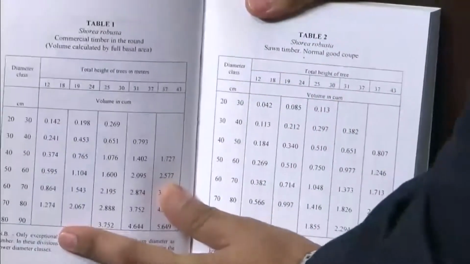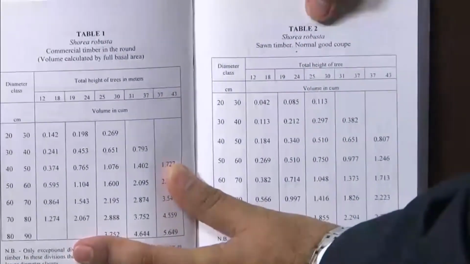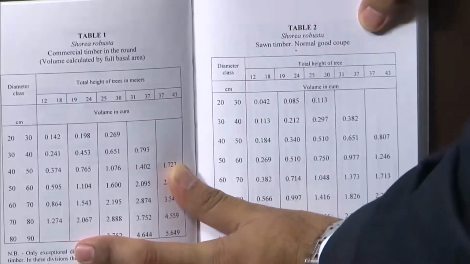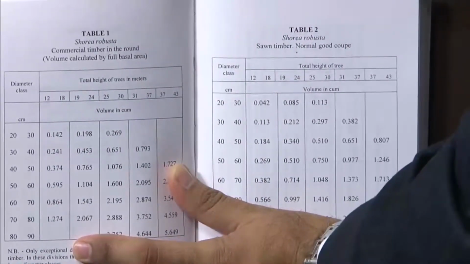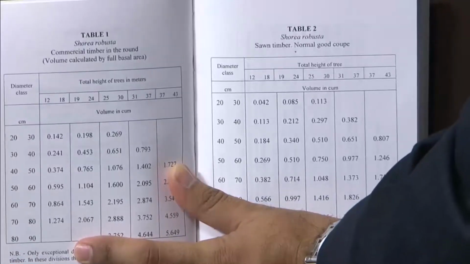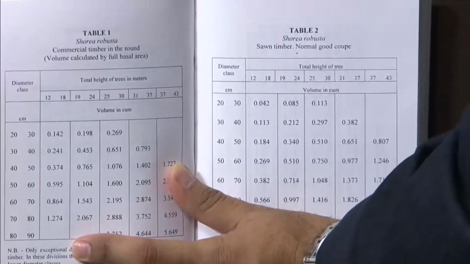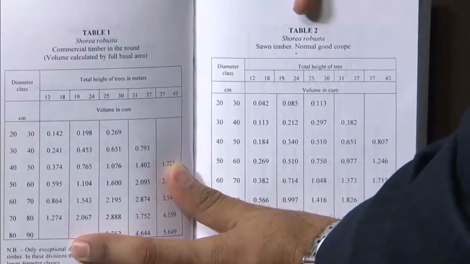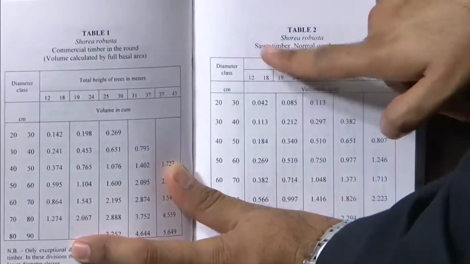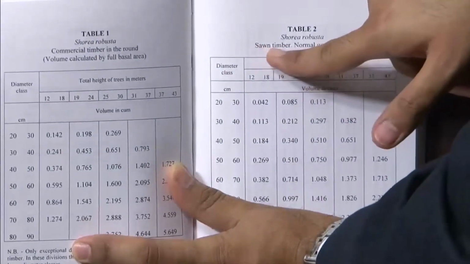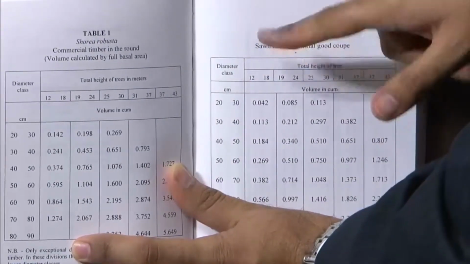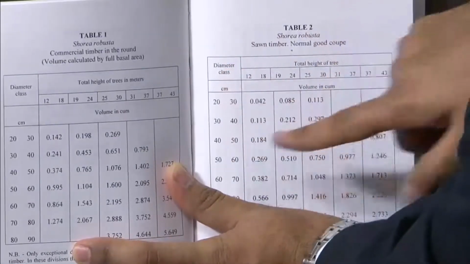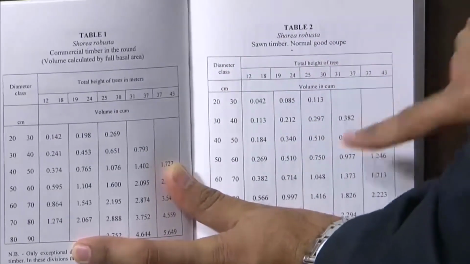Now, this is another table that gives us for Shorea robusta the sawn timber in a normal good coop. Coop is an area in which you are performing felling operations and extracting timber out of it. For that coop, if you want to find out the volume of sawn timber that you can extract from a tree of this diameter class and this height class, you can get it from here.